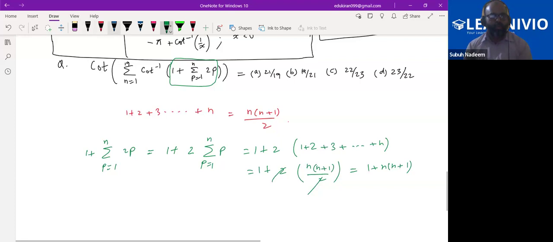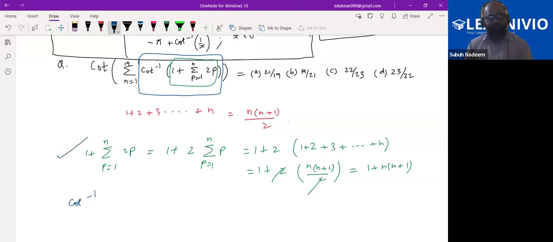Fine, so till here we have done. Now let us take this one out. So it is cot inverse of whatever we have solved here, that is 1 plus n into n plus 1.